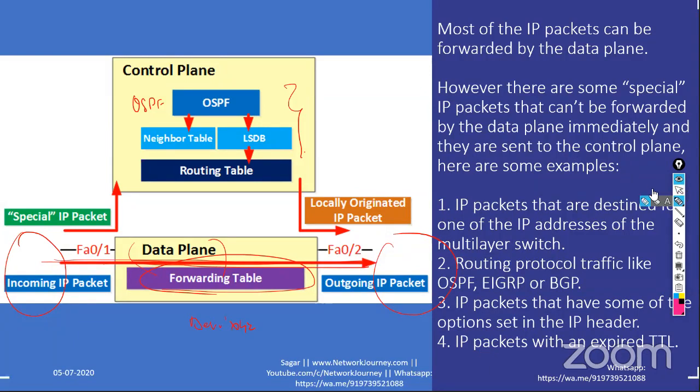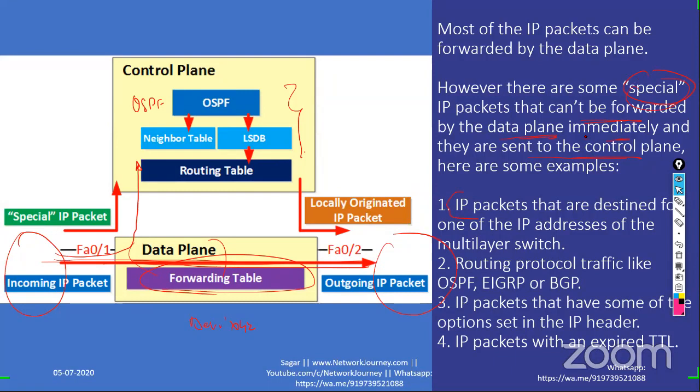So you can see my screen. The packets which go from data to control are called special packets. These are packets which cannot be forwarded by the data plane immediately and have to be sent to the control plane.